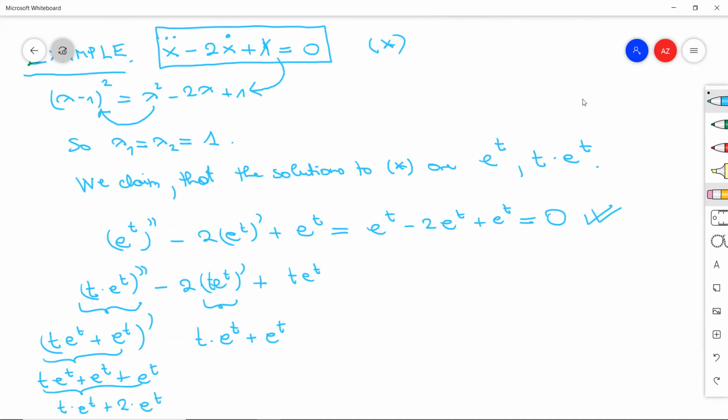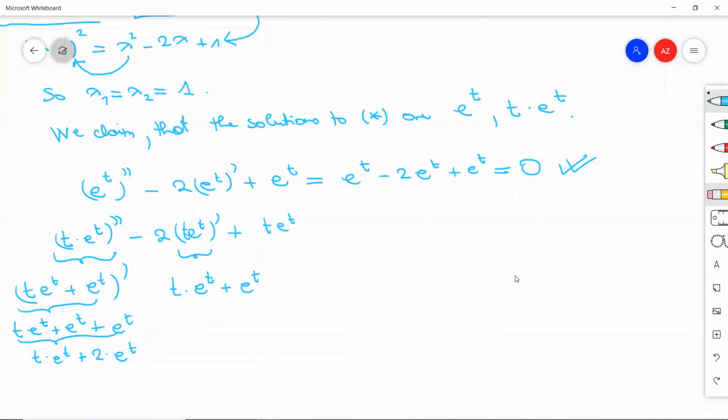And let's see if we've calculated everything. Let's see if it really cancels out. So from the first summand, we have t e^t plus 2 e^t. Then from the second, we have minus 2 t e to the power of t minus 2 times e to the power of t.